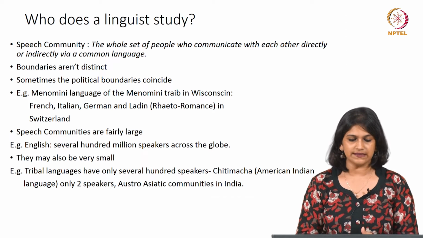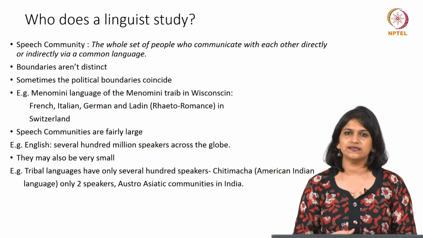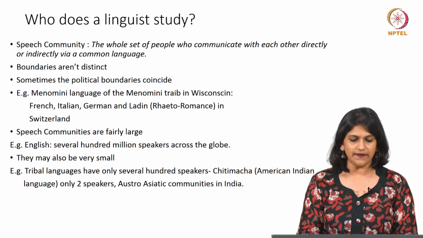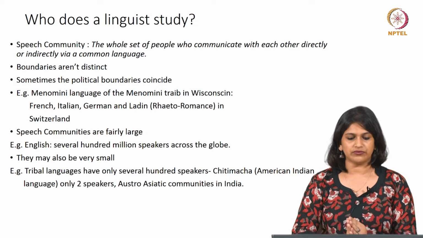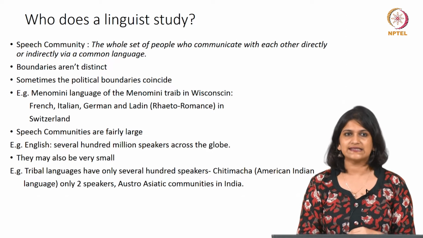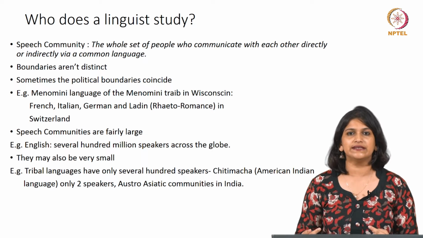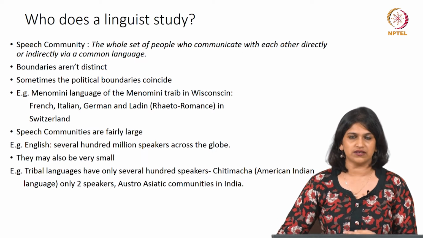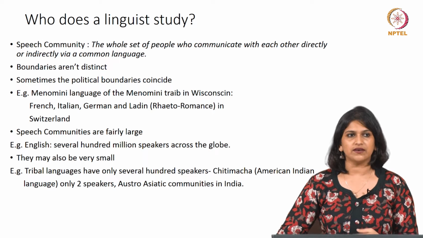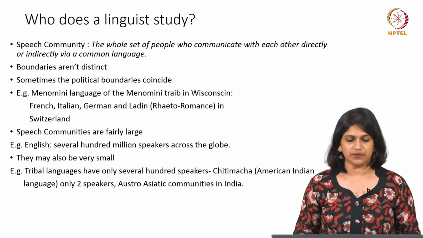You can look at the slides, it's already written there. And remember, when we are trying to understand the term speech community, we must be aware that speech boundaries are not as distinct as we think. There's a lot of fluidity, a lot of overlapping, because of language change and language contact. Because of language contact, we see a lot of overlapping between two different speech communities who share a common boundary.